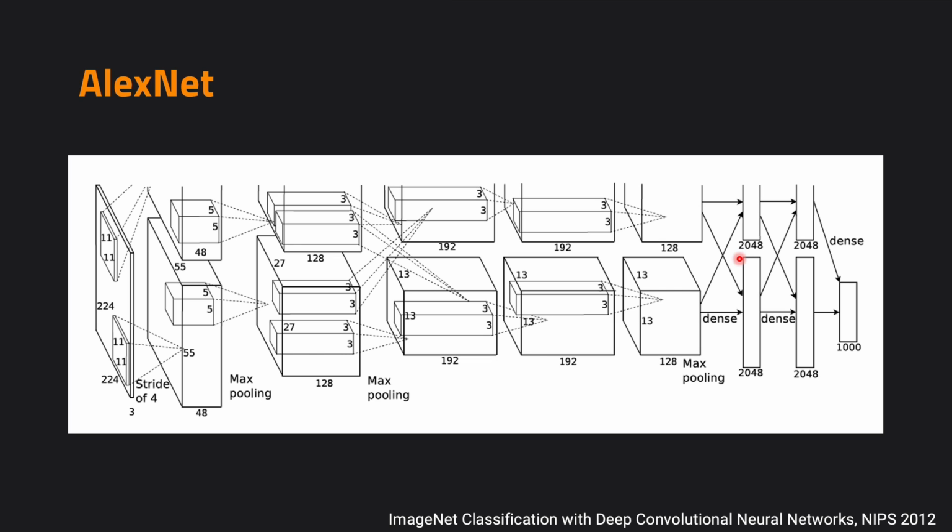There's another feature of this network: it only has 8 layers. At that time, it was probably the biggest network people had tried for image classification. But by the current standard, this is definitely a small network.